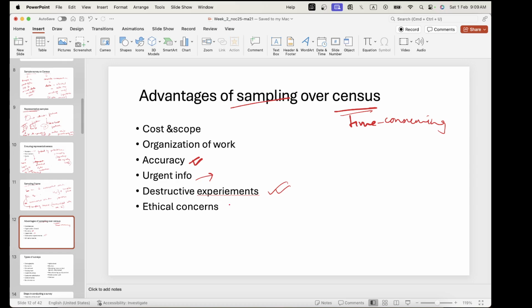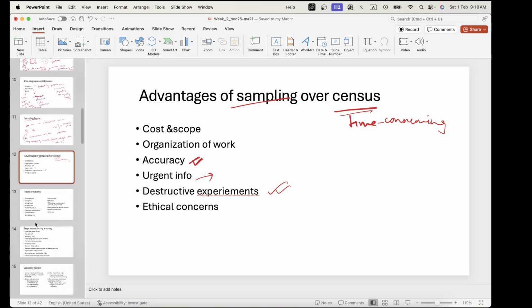If you are testing out a drug, people have a right to say no to becoming a part of that clinical trial. You cannot just say you have used this drug, so you are going to apply it to everyone and then see the repercussions. That is not going to happen. For those concerns as well, sampling is the only way to go.